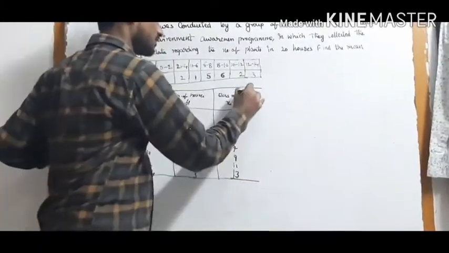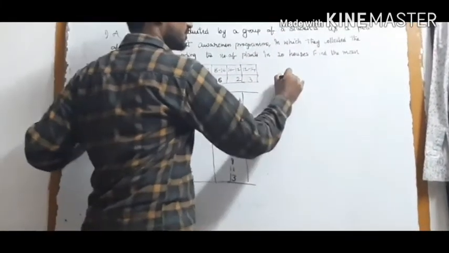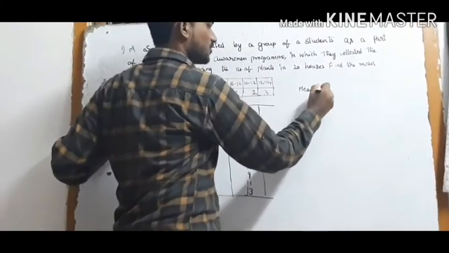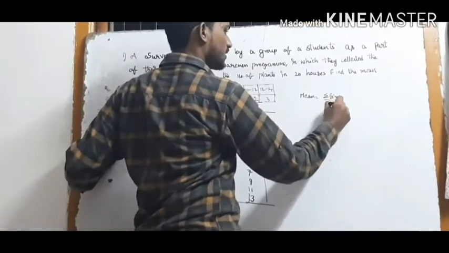This is xi. The general formula for mean is sigma Fi xi by n.